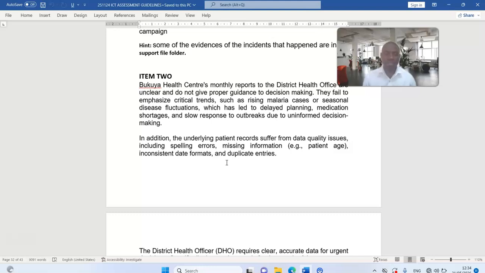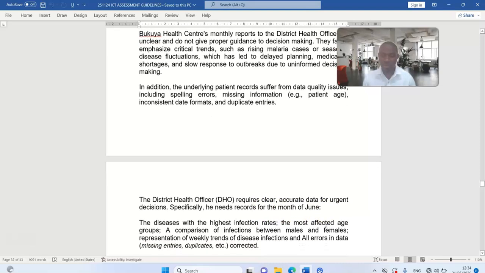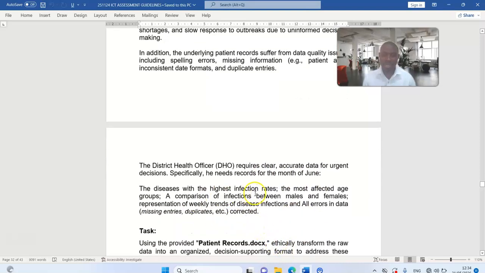So the district health officer requires clear, accurate data for urgent decisions. Specifically, he needs records of the month of June: the disease with the highest infection rate, the most affected age groups, and the infections between the males and females.